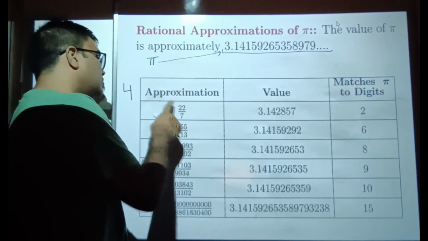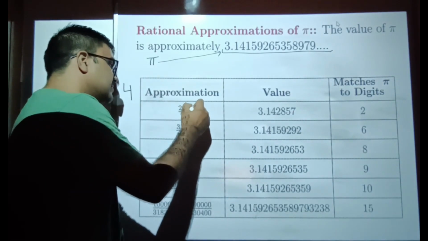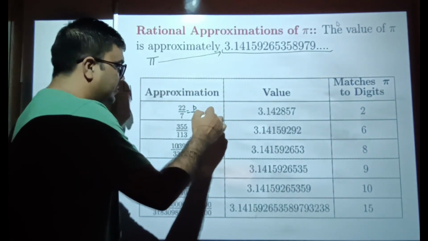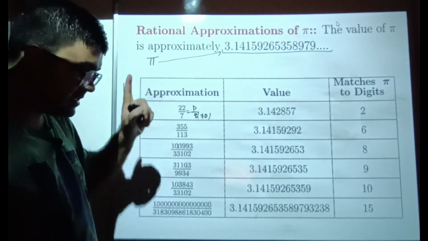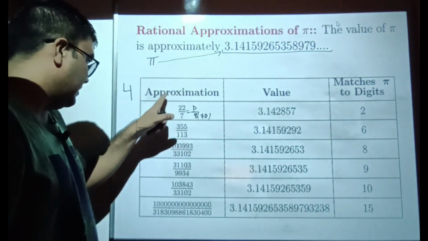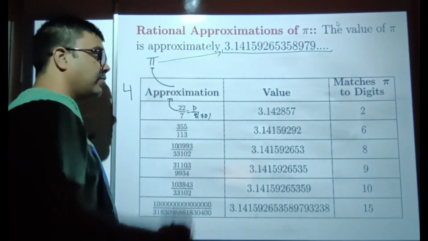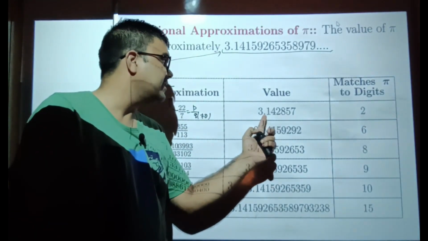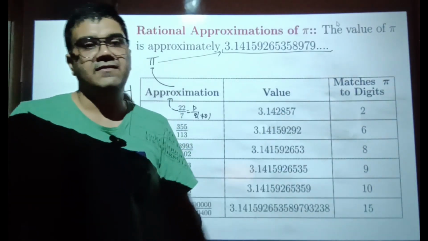Suppose I am talking about 22 by 7. When I say 22 by 7, clearly this is of the form P by Q, where Q is not equal to 0, or A by B where B is not equal to 0. So 22 by 7 is a rational number, and it is used as an approximation to pi. When we calculate the value of 22 by 7, we obtain 3.14287.